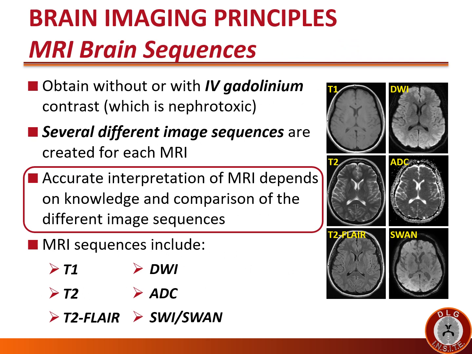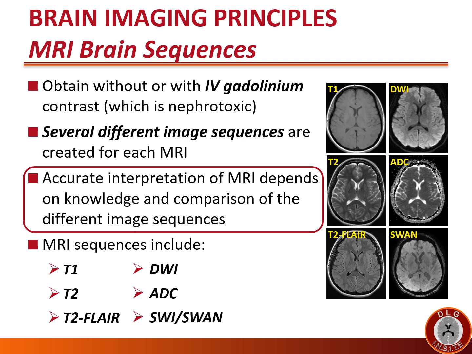There are many different MRI brain sequences, and just like with CT, one can obtain an MRI without or with IV contrast. The contrast used in MRI is called gadolinium. It is not iodine-based, but like the iodine-based contrast material, it can be nephrotoxic.